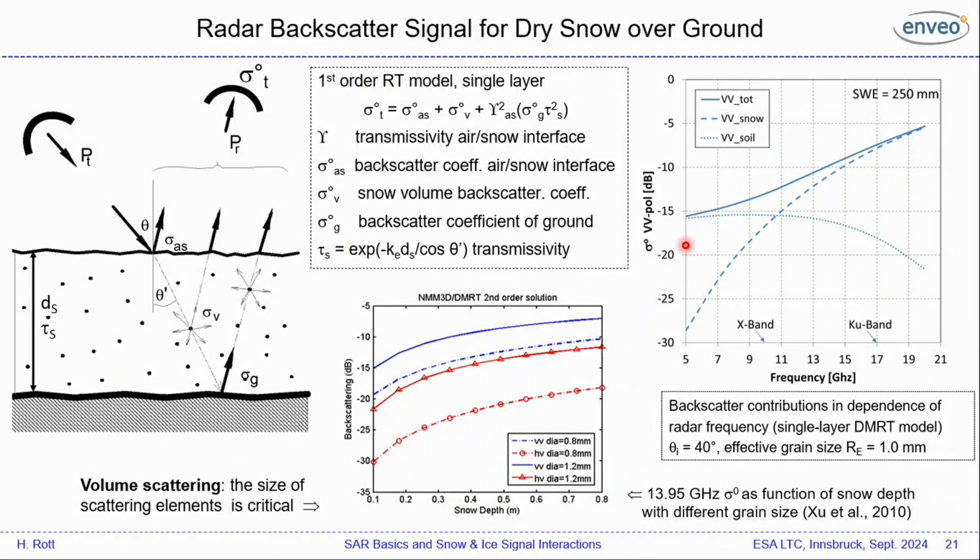And then we have here the signal of the soil, which dominates up to C-band, and then in X-band, depending on the morphology of the snowpack, the snow signal can be of similar order as the signal of the soil. It depends. It's a fairly rough soil which I assumed here, and then at Ku-band and higher frequencies, there is a clear dominance of the signal of the snowpack.